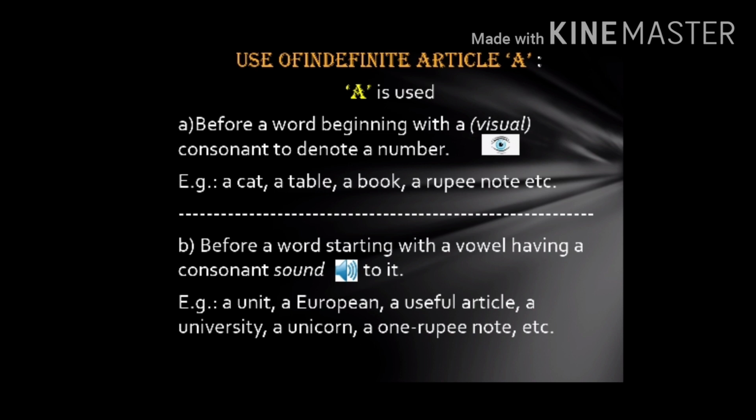So before a word starting with a vowel, although it is a vowel, it has got a consonant sound to it. So when you are writing the answers to this, look at the first alphabet, see what it looks like, what it sounds like, then apply your answer. Similarly, the same application we used for a will be used for an, what we see and what we hear.